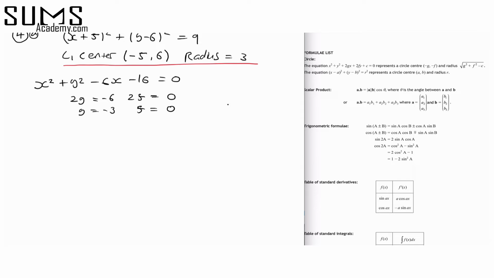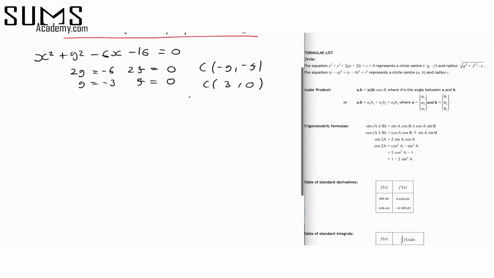Then we know that our centre is equal to (−g, −f), so the centre must be (3, 0), because the negative of 0 is still 0. Now we want to figure out the radius.